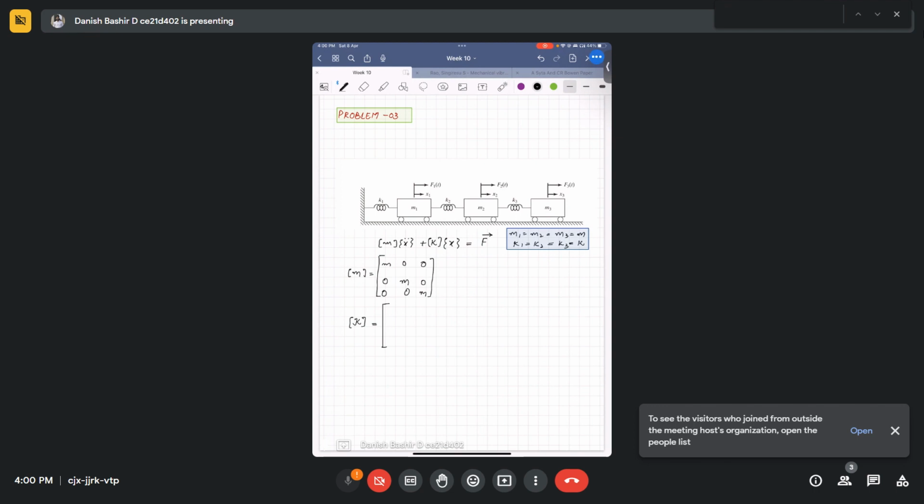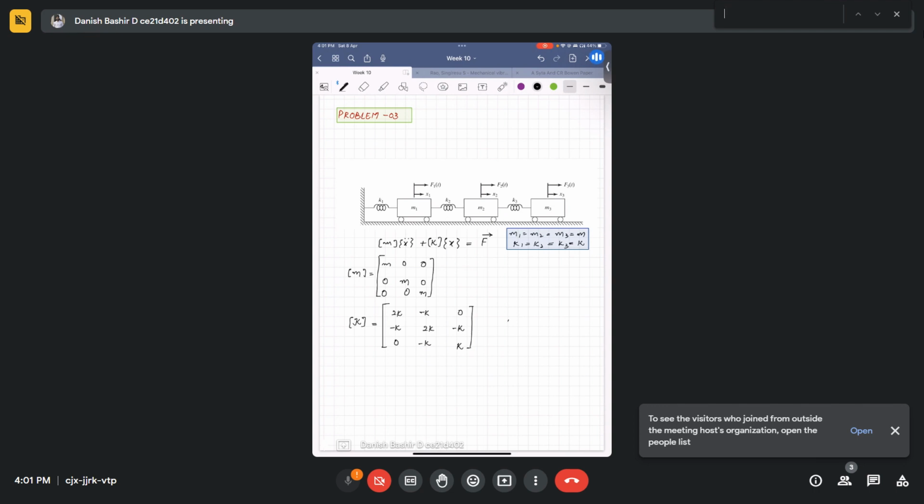So K will be K1 plus K2, it will be 2K. It will be minus K, 0, minus K, 2K, minus K, and it will be K. It will be minus K and it will be 0. We are having this equation. Okay, we get the mass matrix and stiffness matrix as well.